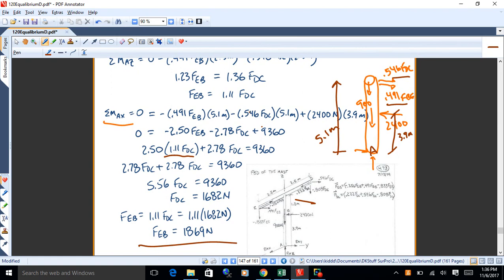So that gets the two cable forces, which are the hard ones. Now what you got left is down on the bottom of the mast, you've got the three reactions down there, one in each of the three directions. So I would just use force equations to get those.